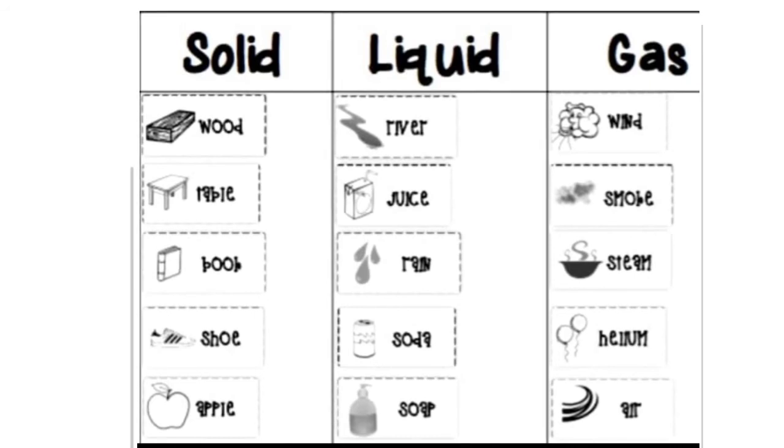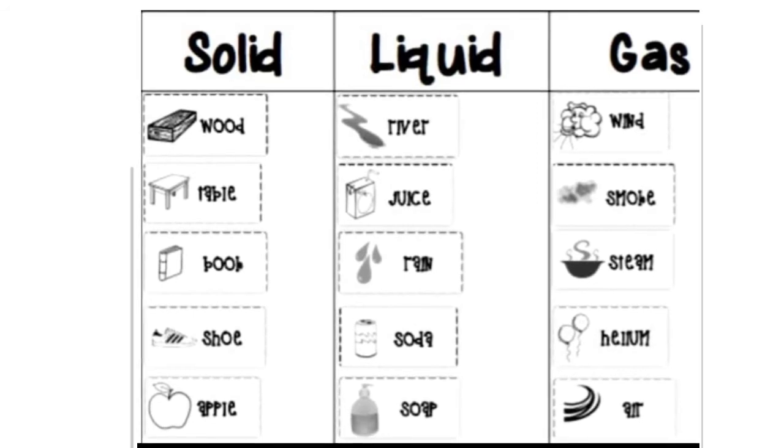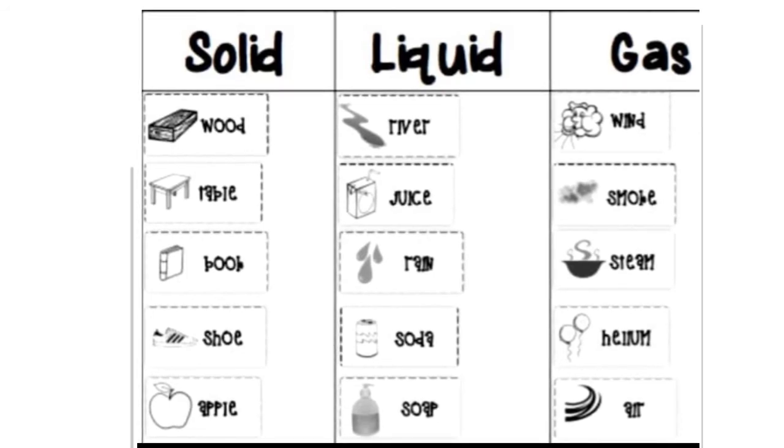Then next, wind, smoke, steam, helium and air are examples of gases because they too do not have fixed shape and occupy all the available space, because in gases particles are very loosely packed.